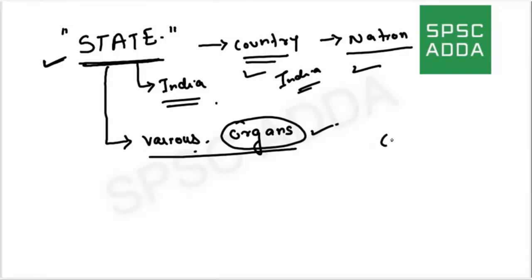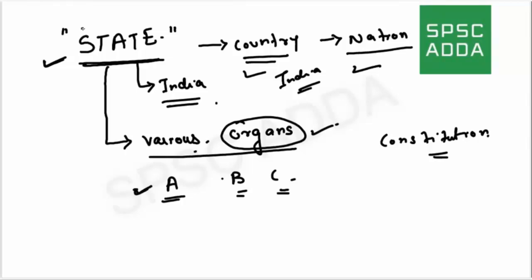Now what does the constitution tell us? Like, for example, there are three organs, A, B, C. The constitution will tell us on what principles these organs of state should function.